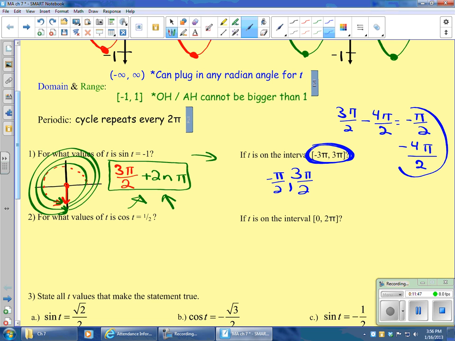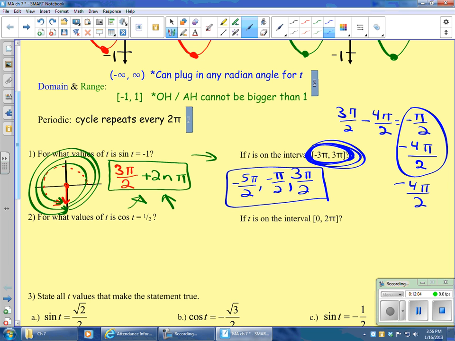That would give me negative 5 pi over 2, which is also within the range here. If I subtracted off another 4 pi over 2, it's going to be too small. So these are the only 3 answers within that range. Again, general recipe, and then use that recipe to get specific answers.